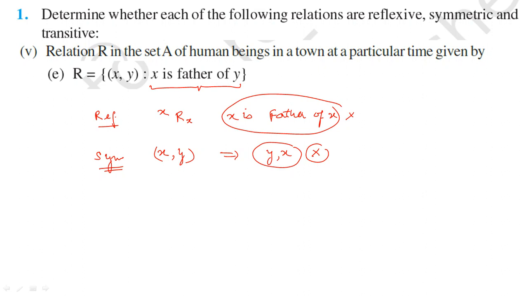What about transitive nature? Okay. Let us check about this content. If I am writing X is father of Y, this one is the first combination, X comma Y. And what about Y comma Z?